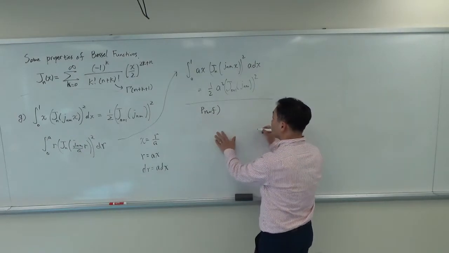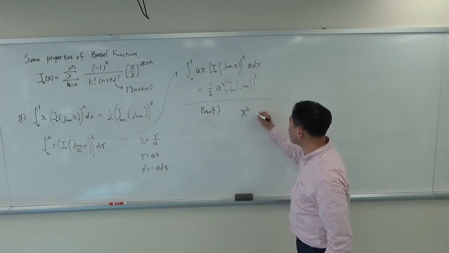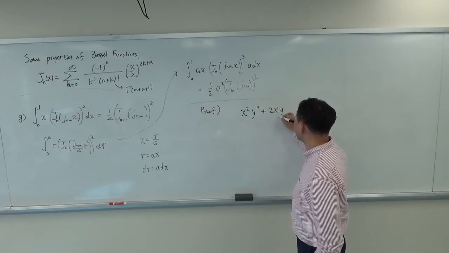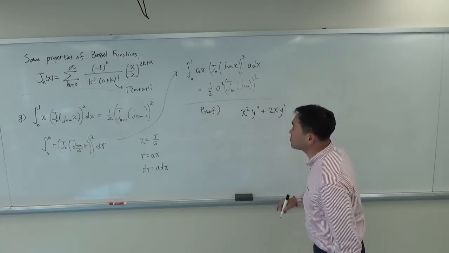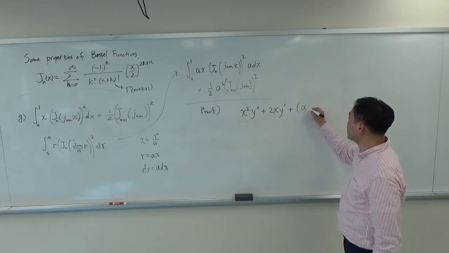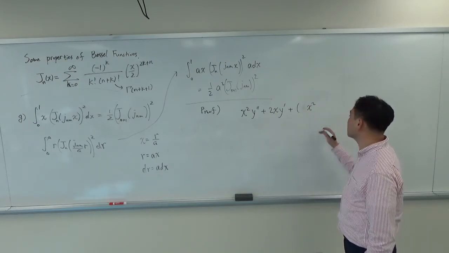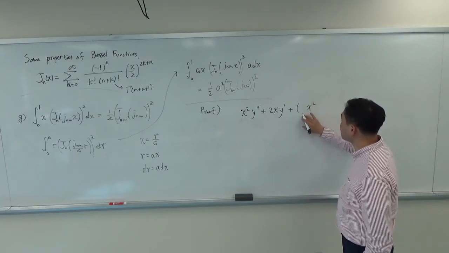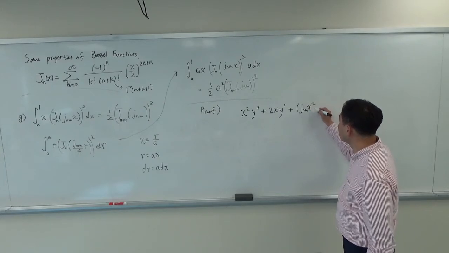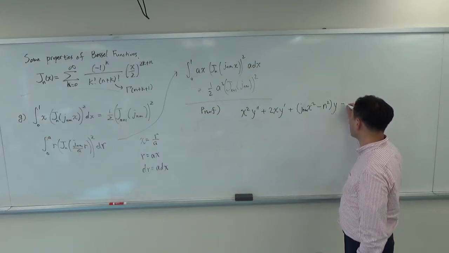So remember where this came from. This was from the Bessel equation, x squared y double prime plus x y prime, and then plus j_nm x squared minus n squared, y equals 0.